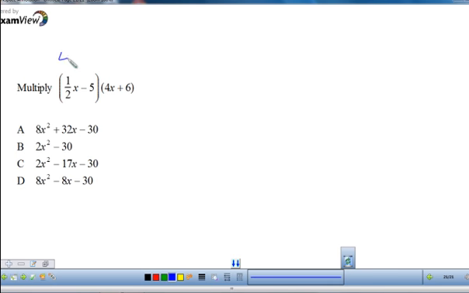Okay, 21 says multiply. So once again, we're going to start with the 1/2 x, and we're going to multiply it to the 4. So what's 1/2 times 4? So 1/2 times 4 would be 4 over 2, which is 2. So we're going to have 2x squared. Then 1/2 times 6.